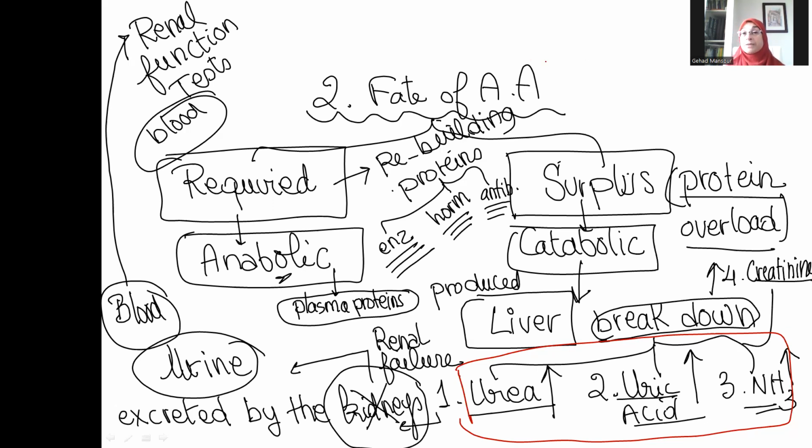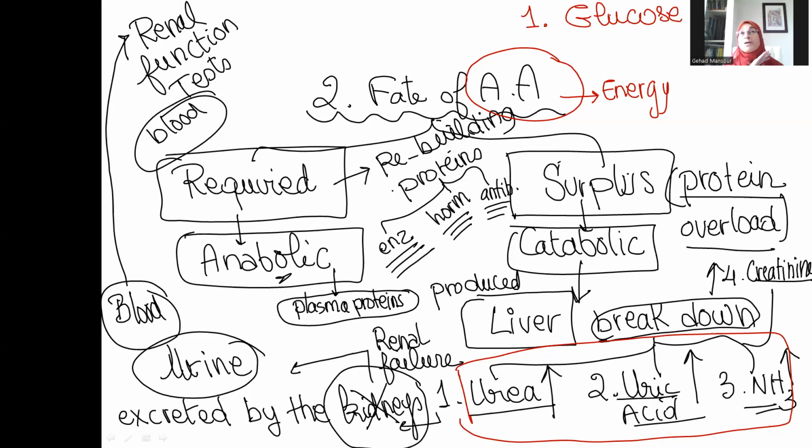But sometimes we can break down amino acids, and this is very important, to produce energy, but only if carbohydrates are not available and fats are not available. So the primary source of obtaining energy in the body is to break down glucose. When we finish all the glucose in the body, in the blood, can this happen?